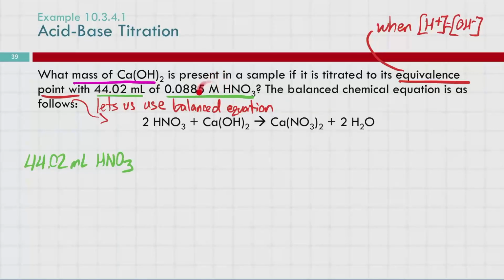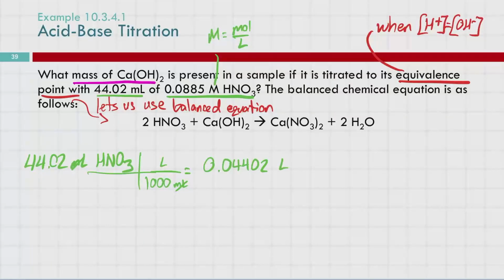We need to use this with our molarity, and we need to remember that molarity is moles over liters. Since it's moles over liters, we need to convert from milliliters to liters. So we divide by 1,000 to convert to liters, and we get 0.04402 liters HNO3.